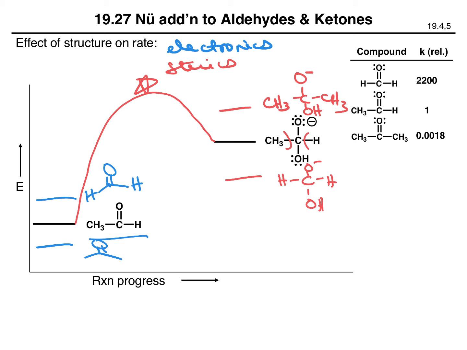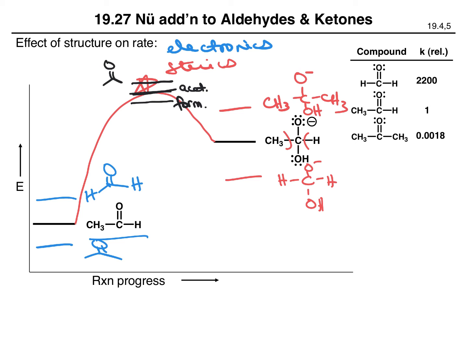Remember, according to Hammond's postulate, we can use this information about the intermediate to estimate information about the transition state. So if this is the transition state for acetaldehyde, then maybe a little bit lower in energy would be the transition state for formaldehyde. And then a little bit higher in energy, this would be the transition state for acetone.